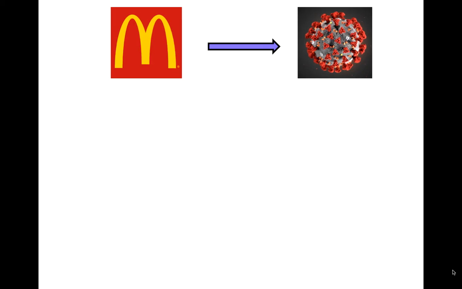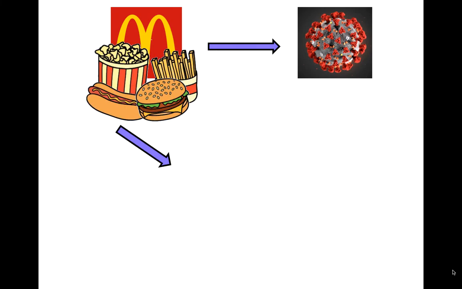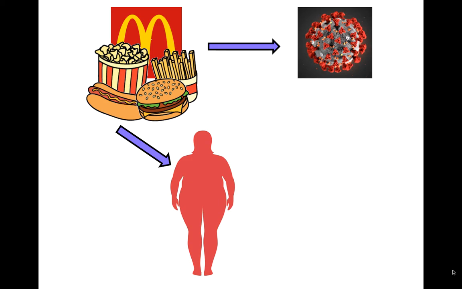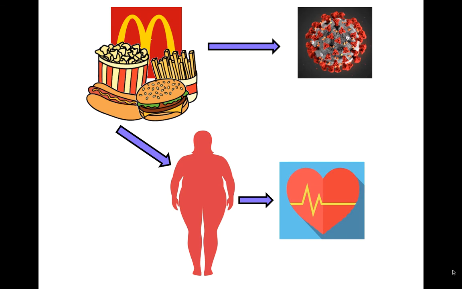Okay, so rather than just accepting what we see on the graph, we need to think about what other underlying links could be causing this apparent correlation. And that makes me think about junk food. And it's well understood that eating a lot of junk food and having an unhealthy diet leads to obesity. It's also well understood that obesity causes a range of other health problems.